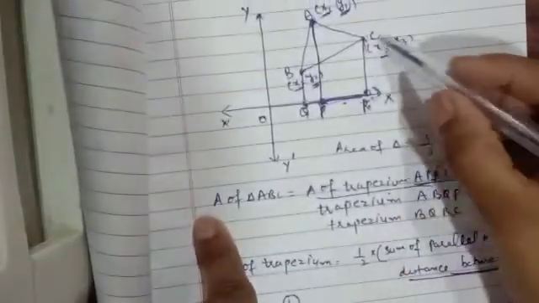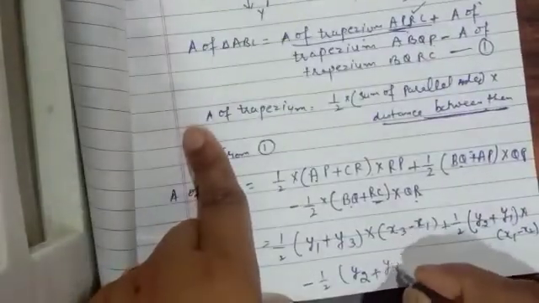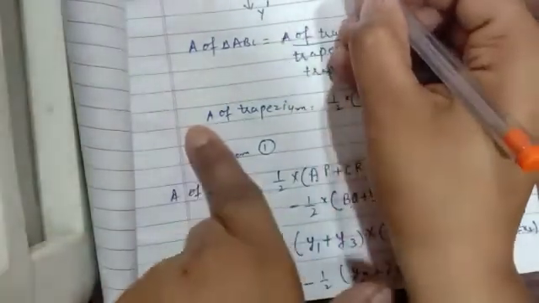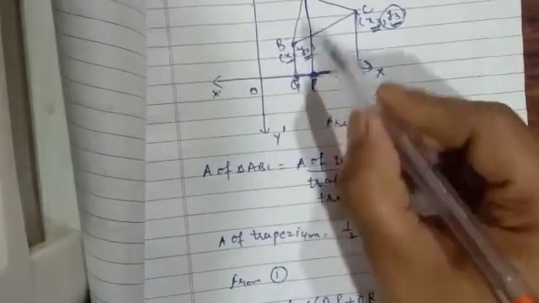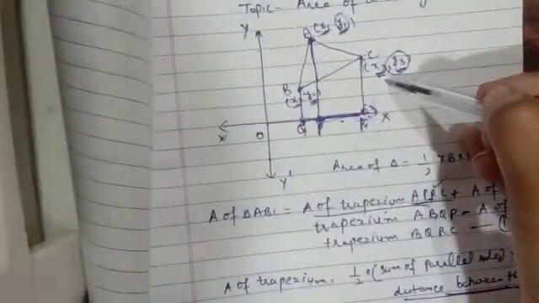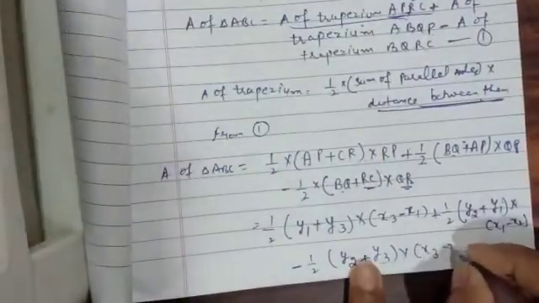RC, you may see from the diagram, will be y3 multiplied by QR. QR is the distance between points Q and R. From origin the distance of R is x3, and from origin the distance of point P is x1. The distance between both points is the subtraction of the x coordinates, that is x3 minus x1. You may write here x3 minus x1.